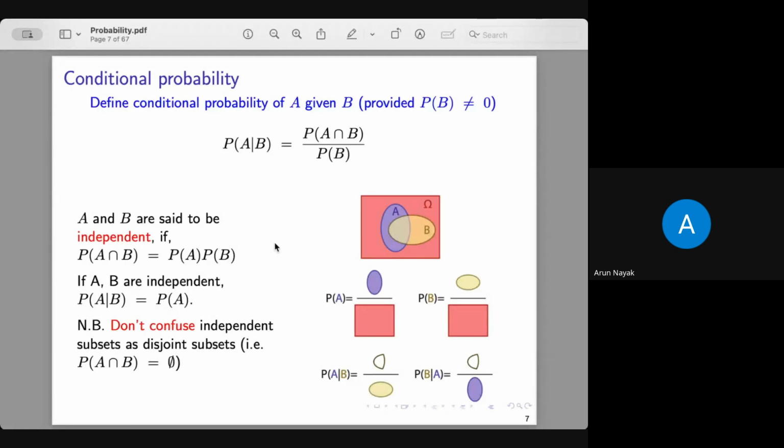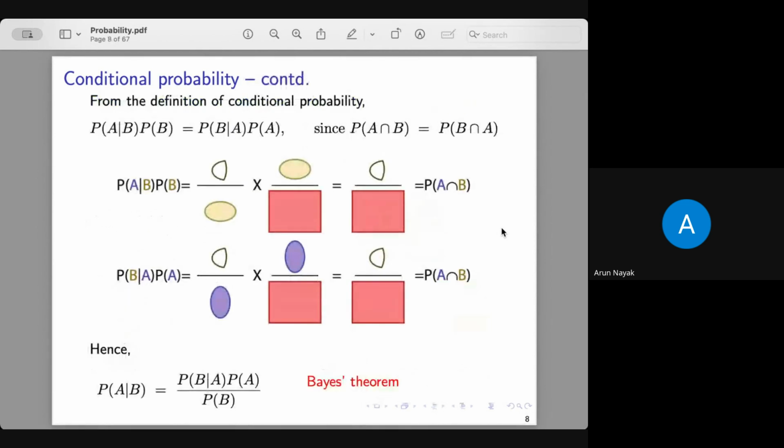Now if A and B are independent, in that case you can write probability of A and B is simply a product of their probabilities. In that case, the probability of A given B is simply the probability of A. Now from that you can say that the probability of A given B times probability of B is the same as probability of B given A times probability of A. That you can see from this picture.